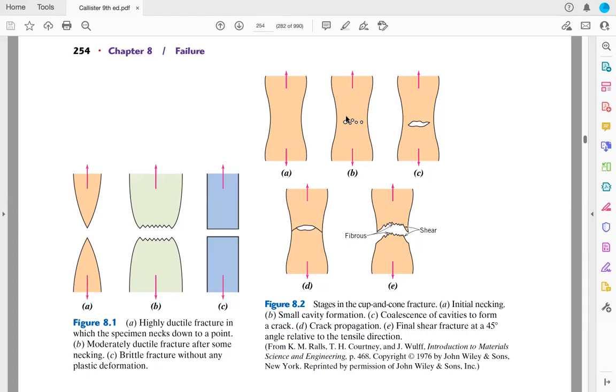Those cavities will coalesce together, agglomerate together to form a bigger crack. After that, the crack will propagate, retakan akan menjalar. So the crack will propagate, and then it will result in a final shear fracture at a 45 degree angle to the tensile direction.